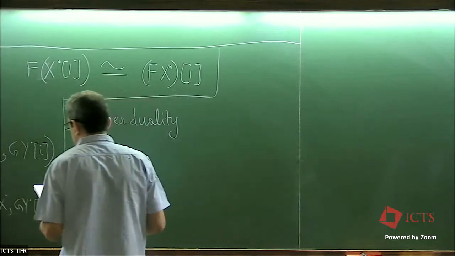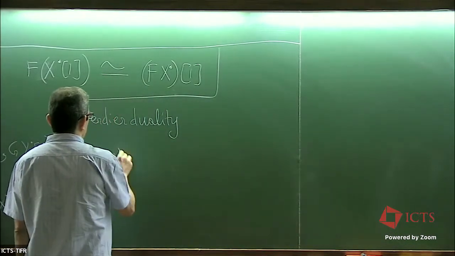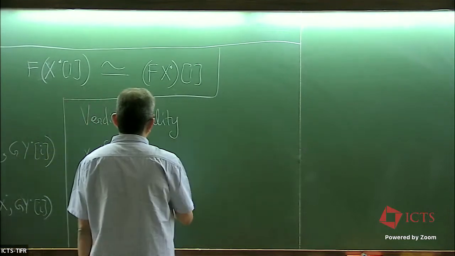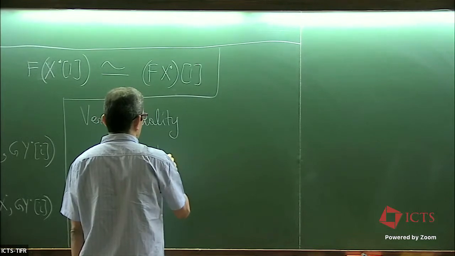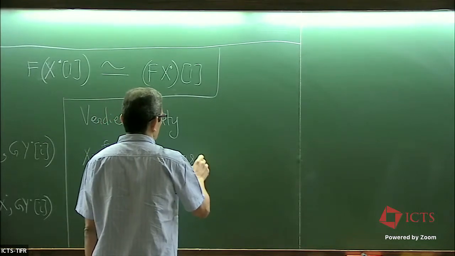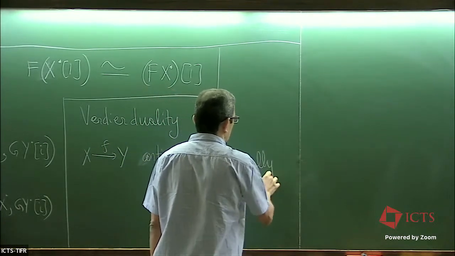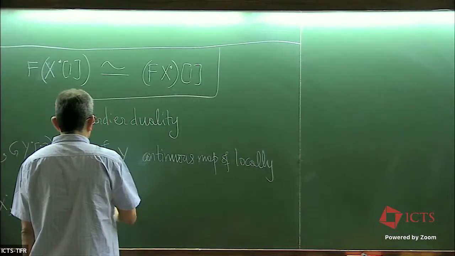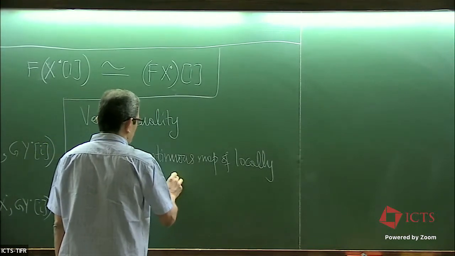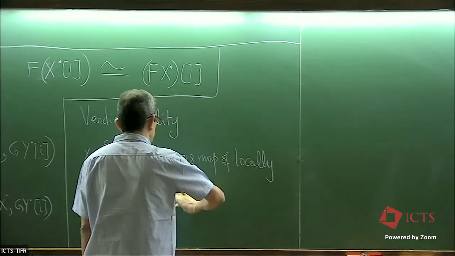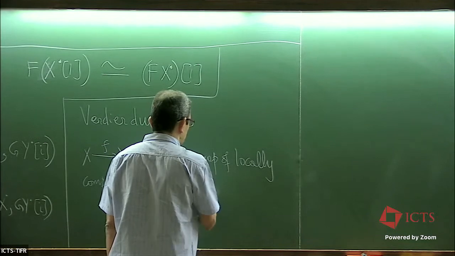Okay, so Grothendieck duality, let me just remind you, was for a map f from X to Y, a continuous map of locally compact spaces, of finite cohomological dimension.